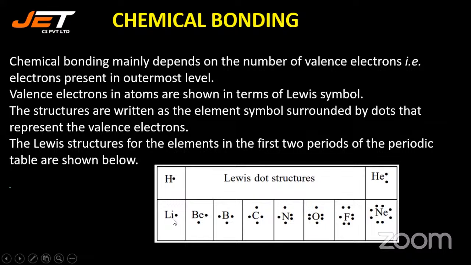Lithium has a total of 3 electrons, but only 1 electron in its outermost shell, so I have drawn lithium like this. Beryllium has 4 electrons, but only 2 electrons in its outermost shell, so I have drawn 2 electrons.